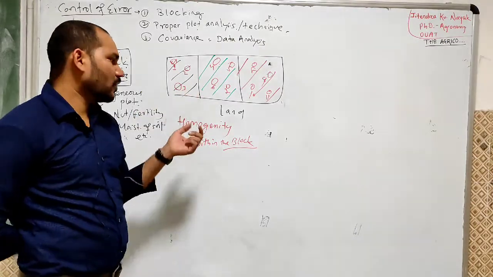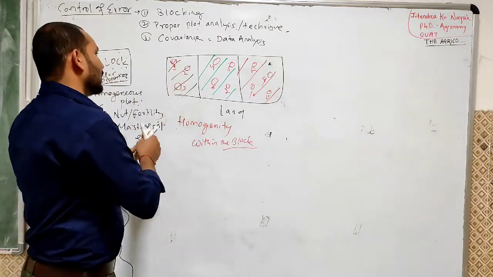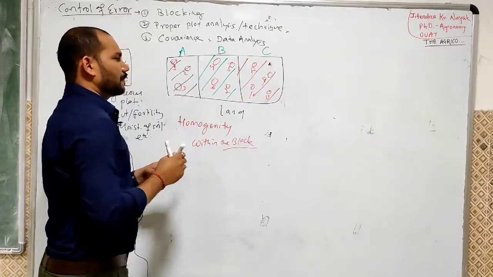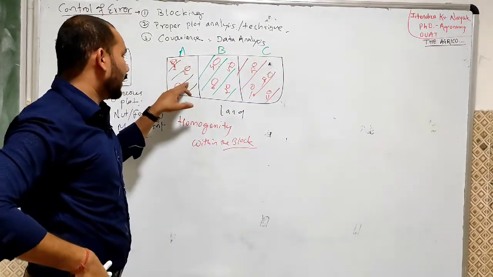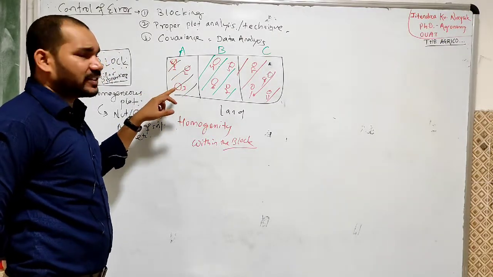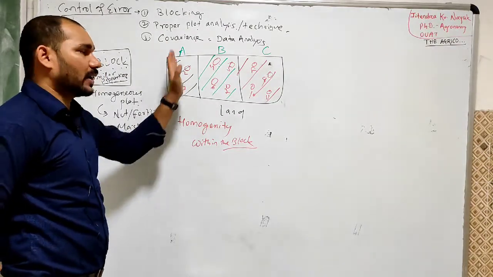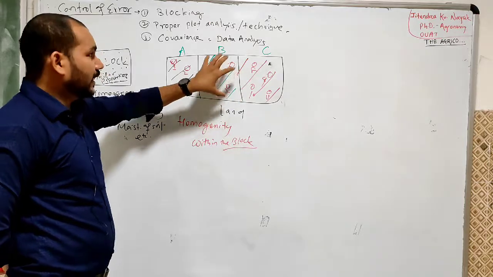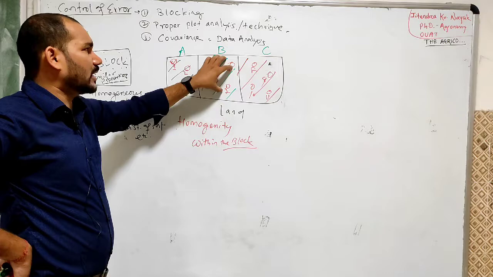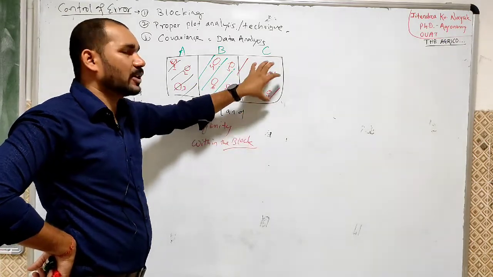So we can say homogeneity within the block. This is block A, this is block B, this is block C. Within block A, there is no difference between points 1, 2 and 3 based on either fertility or moisture content or whatever else. Similarly, in case of B, points 4, 5, 6, 7 are the same. In case of C, points 8, 9, 10, 11 are the same.